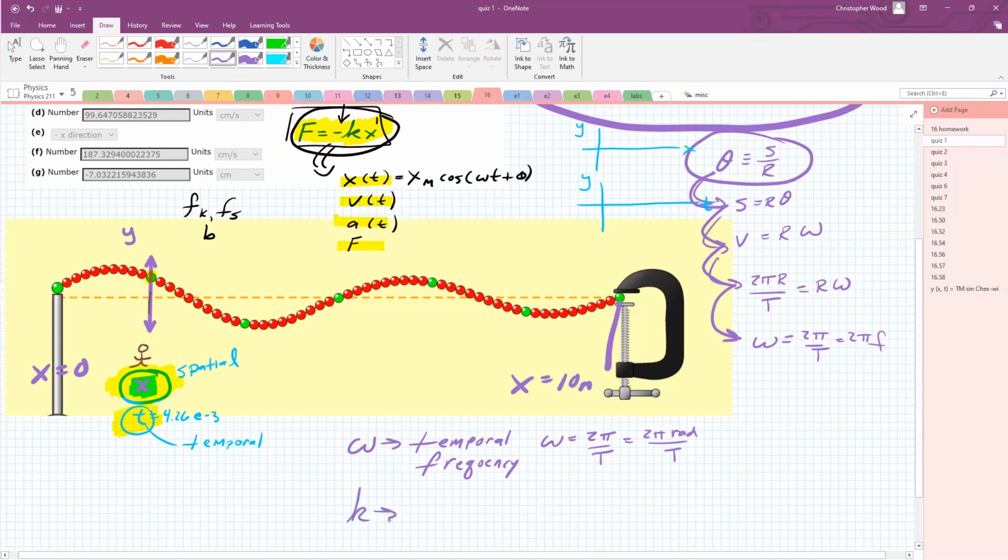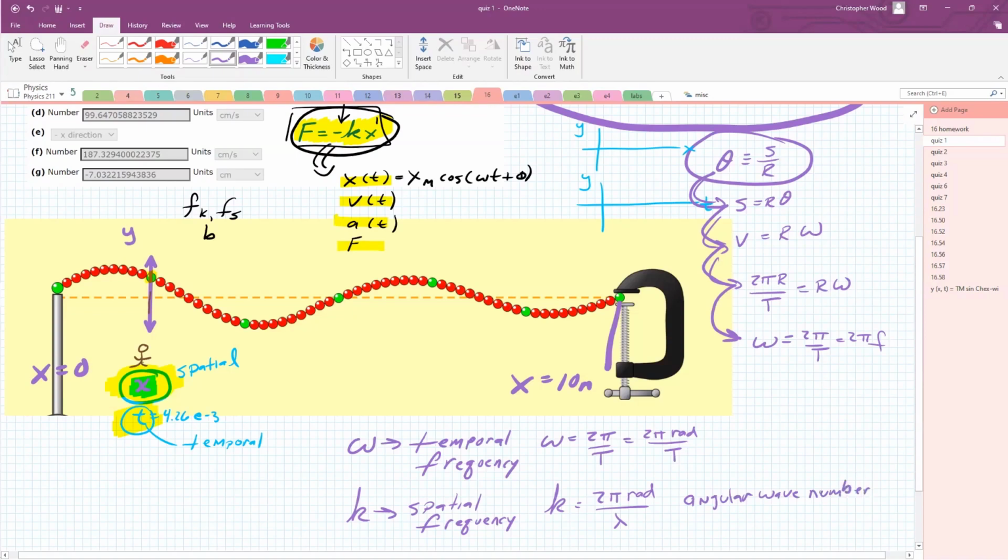k is wave number. This is a spatial frequency, meaning it depends on space, not a time-based frequency, but a spatial frequency. And we say k is equal to 2 pi radians, again, just like omega, over wavelength. So this is referred to as angular wave number, whereas omega is angular frequency.